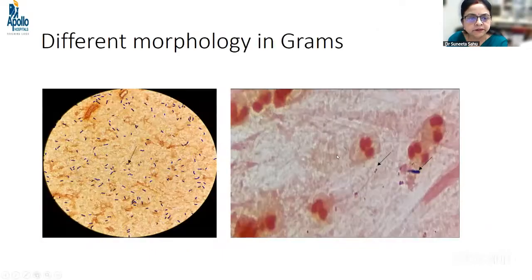Now, these are the different morphologies in gram stain. These are gram-positive bacilli without spores, and these are gram-negative coccobacilli. A few yeast cells are also present. So this is the advantage of microscopy: we come to know the cellular morphotypes, the microorganism morphotypes, the amount of organisms present, and the amount of cells present.